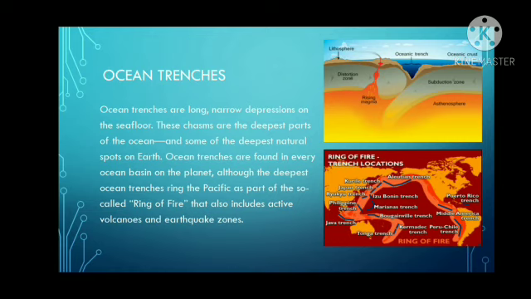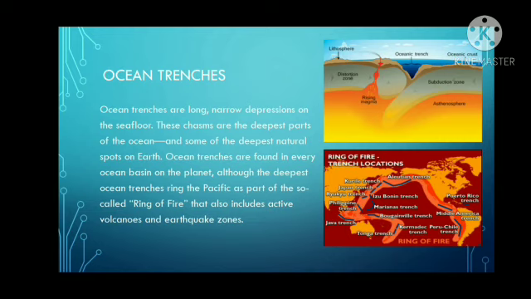The denser plate is pushed beneath the lighter plate and deep into the mantle, causing the seafloor and outermost crust, the lithosphere, to bend and form a steep V-shaped depression. And as the V-shaped depressions are formed, it creates ocean trenches.